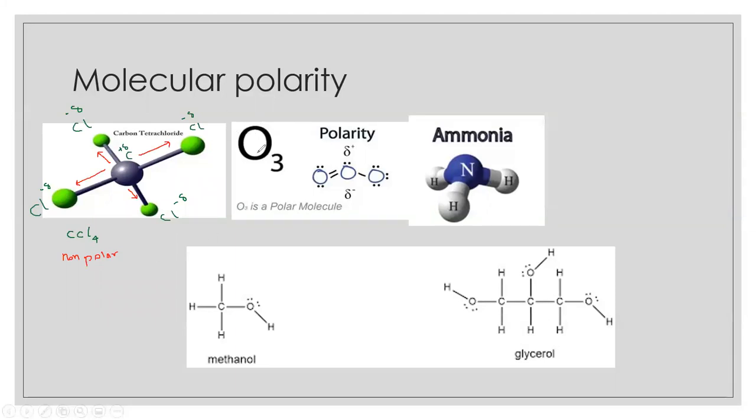Now look at O3. O3 is a polar molecule. The reason is that we have this oxygen here, having 6 valence electrons. I make another oxygen here with 6 valence, because O3 means 3 oxygen.